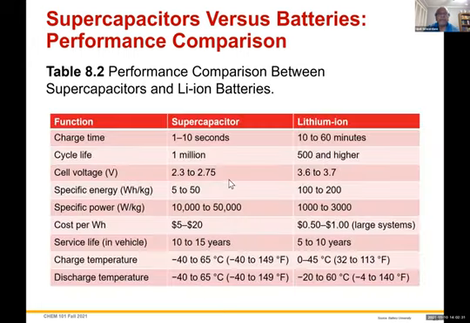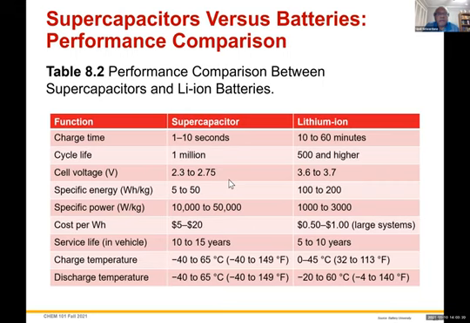Lithium ion takes about 10 to 60 minutes. There's a lag. The cycle life for capacitors is about 1 million, but lithium ion is lower. Cell voltage depends on the capacitor material. Lithium ion is 3.6 to 3.7.